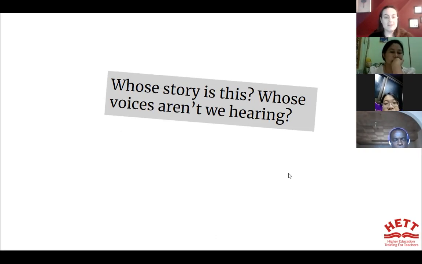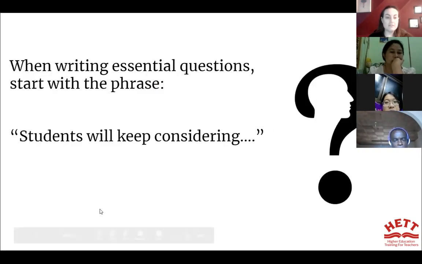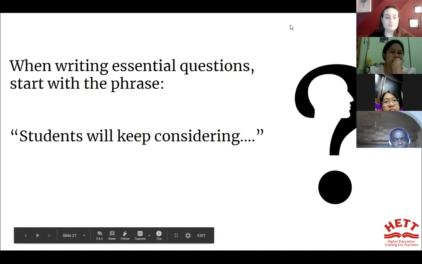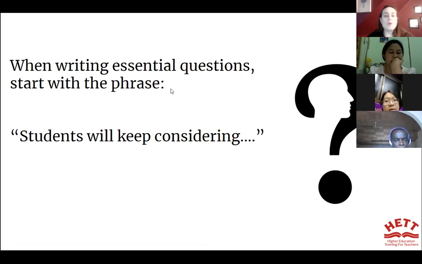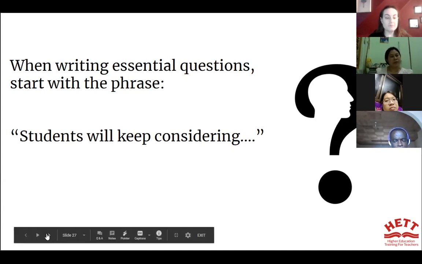Yes, so this is an essential question. Okay. When writing essential questions, you start with the phrase, students will keep considering, and then have the question.